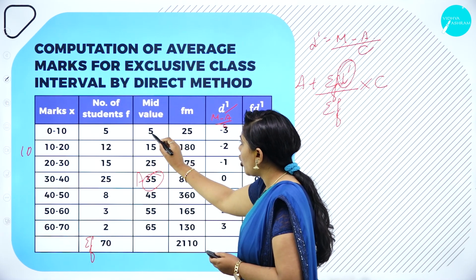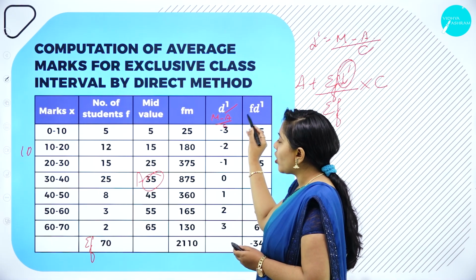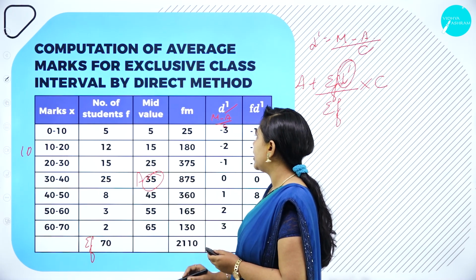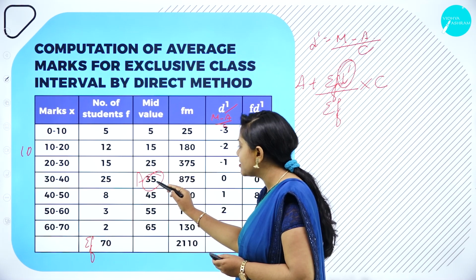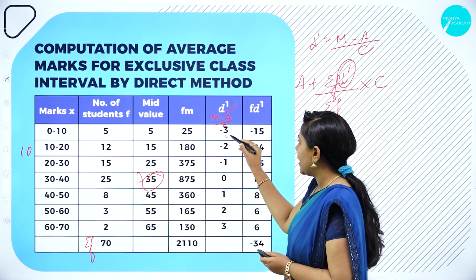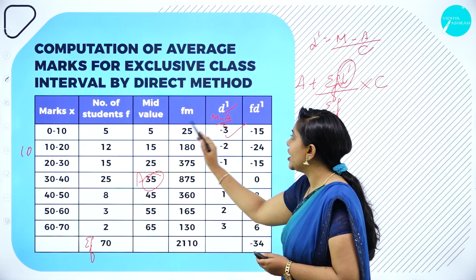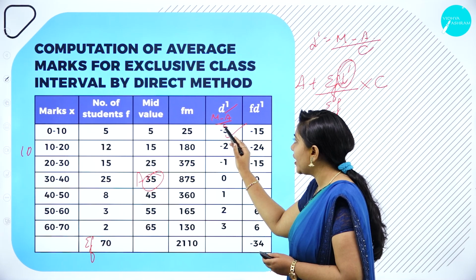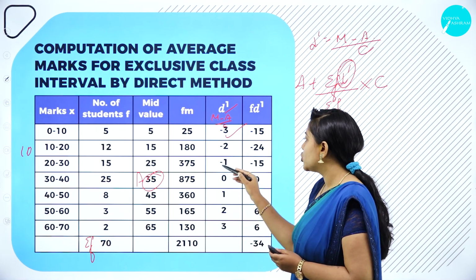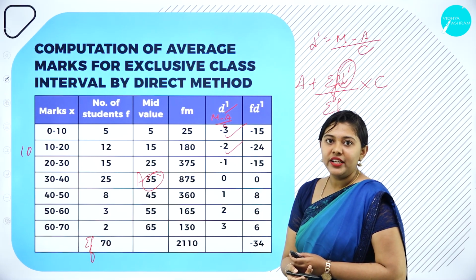So what is the midpoint? 5 is the midpoint minus A. What is the assumed mean here? 35. So 5 minus 35 divided by 10, you get minus 3. Again, the midpoint is 15. 15 minus 35 divided by 10, you get minus 2. Similarly, you get D dash.